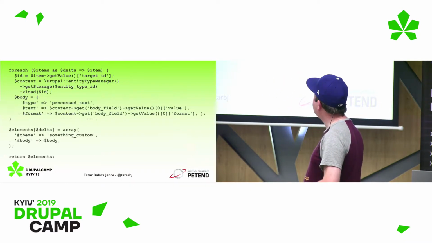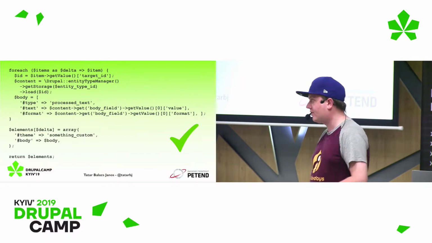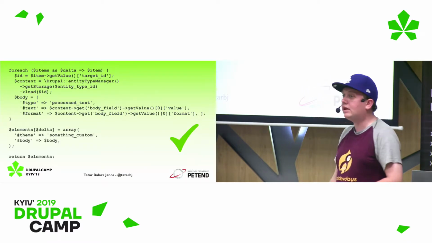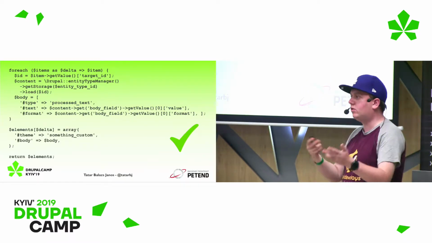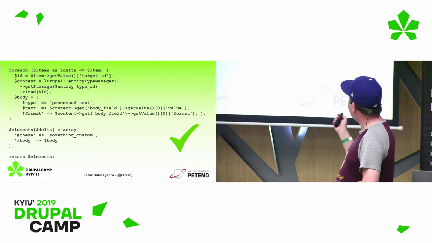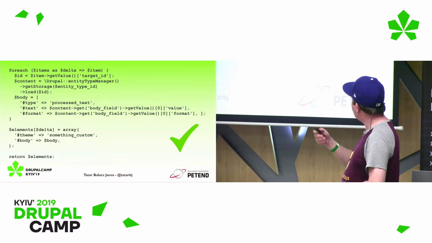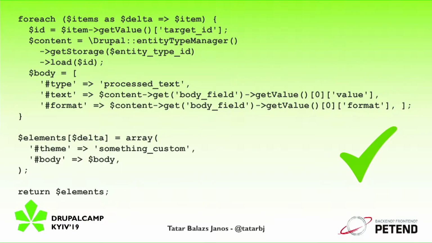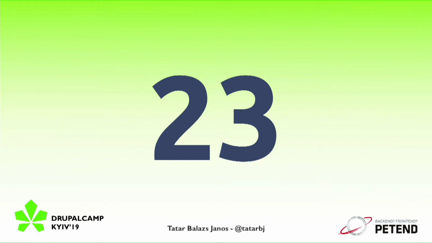The solution here is to use a processed text type, which can handle the format that the user decided to choose according to their roles, and all those things together can go safely to the output. So please, the ones who chose green, do not mark, but the rest, number 23.